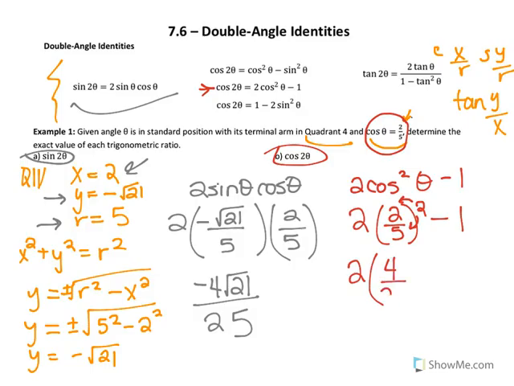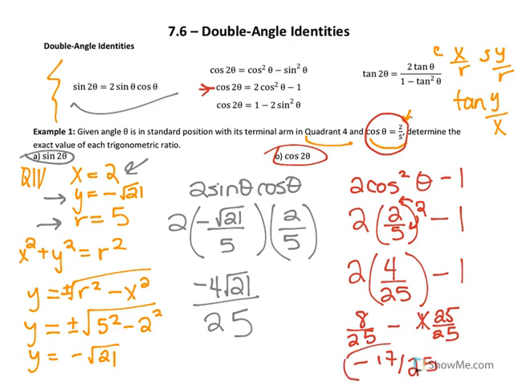So we have 2 times 4 over 25, subtract 1. That's 8 over 25, subtract 1. Remember that 1 is the same as saying 25 out of 25. So 8 subtract 25 out of 25 will give us negative 17 over 25. And that is our exact solution.